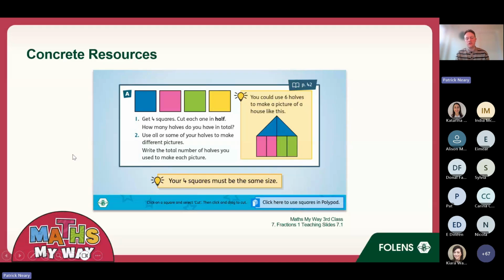The example I wanted to show was that idea of paper folding, because when it comes to fractions in particular, paper is one of the best resources you can use. Again, we were very lucky to have DCU visit our school for the past number of years to help us look at how children learn fractions and how we can support better understanding of fractions.